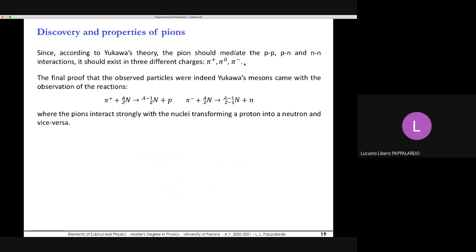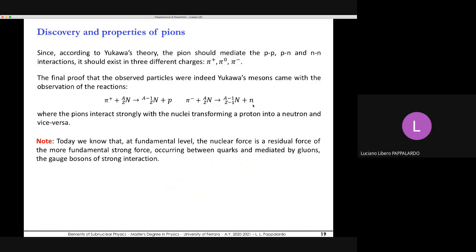And the final proof of the observation of the pions was indeed through nuclear reactions, with the observation of this absorption reaction, where the pion is absorbed into a nucleus, either a pi plus or a pi minus, transforming a proton into a neutron or vice versa. So in this case you are transforming a neutron into a proton, in this case a proton into a neutron. So this was the final proof that the pion regulates the nuclear interaction, and so the interaction between protons and neutrons, essentially.